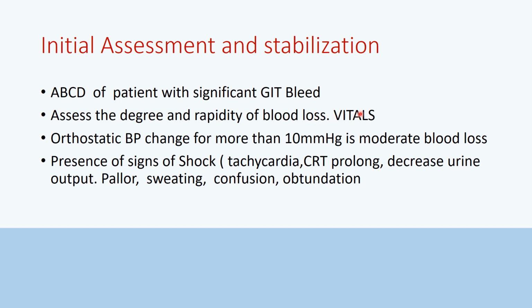The vitals will help us decide that: heart rate, respiratory rate, oxygen saturation, capillary refill time, urine output. Orthostatic blood pressure changes can point towards moderate to severe blood loss, and presence of shock would be tachycardia, decreased urine output, pallor, sweating, confusion, or obtundation.